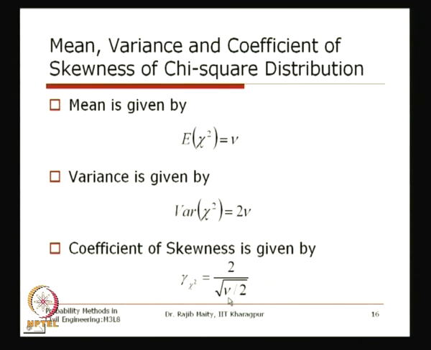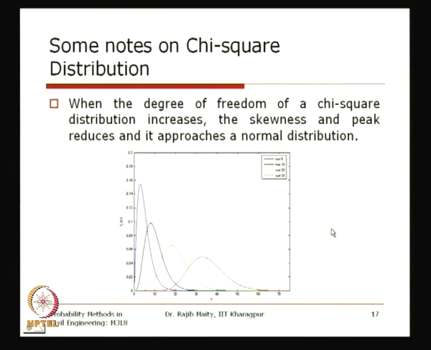You can see here what we have seen graphically a minute back also, that if we increase this nu, that is if the degree of freedom is increased, then this becomes lower and lower, and for a very high degree of freedom this becomes almost symmetrical, as the skewness is reducing with the increase of nu.